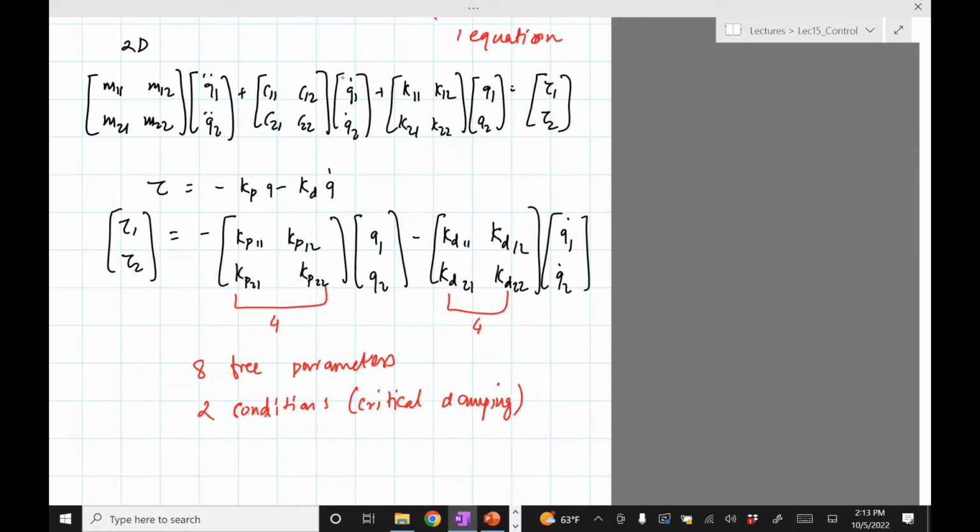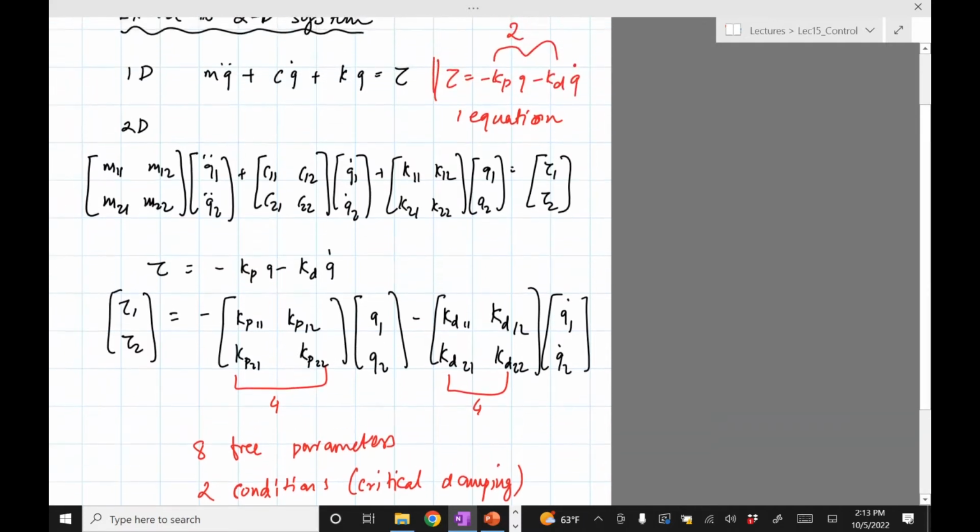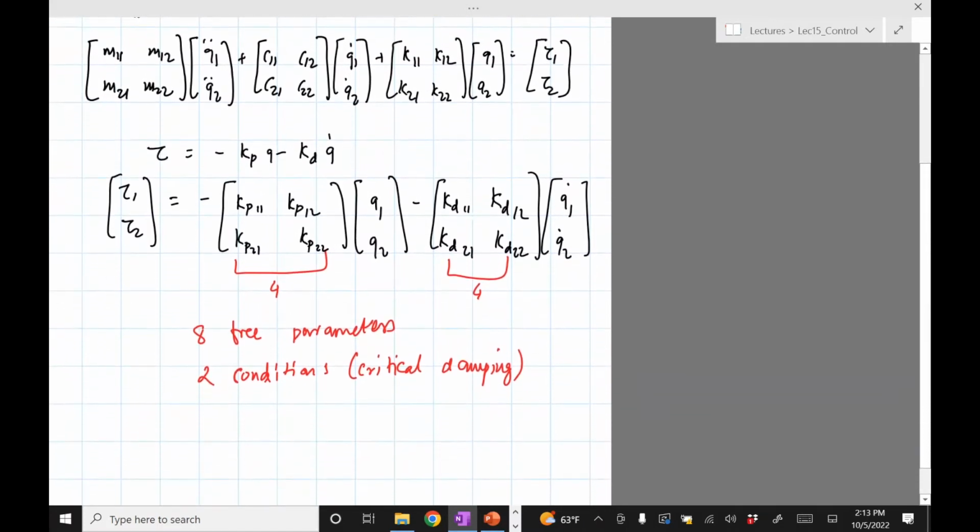If you try to go to 3 dimensions, you'll see that it will be 9 plus 9, that will be 18, and you have 3 conditions. So 18 minus 3 is 15, so there will be 15 free parameters. This method just doesn't scale to high dimensions. So we'll find it very difficult to scale this method as is to high dimensions. So what we do is we come up with different methods.